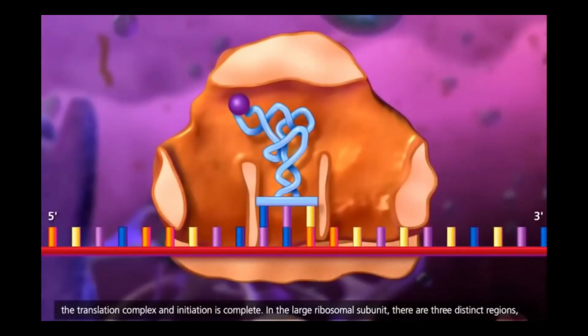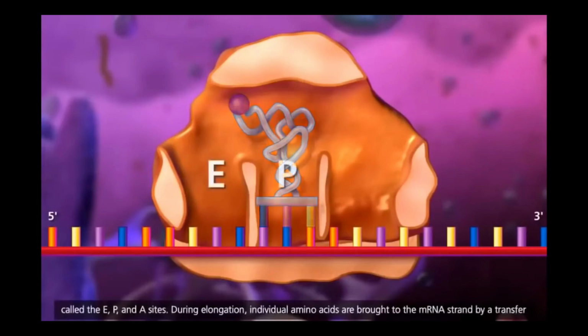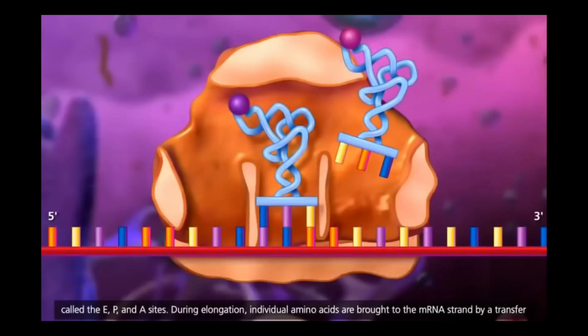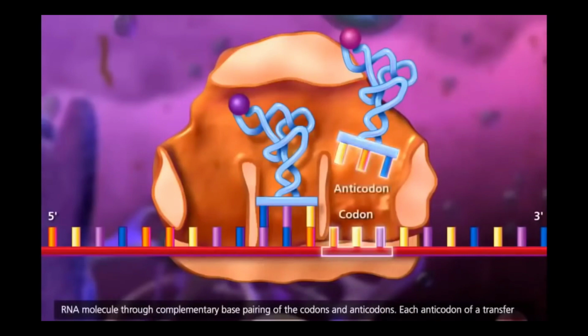In the large ribosomal subunit, there are three distinct regions called the E, P, and A sites. During elongation, individual amino acids are brought to the mRNA strand by a transfer RNA molecule through complementary base pairing of the codons and anticodons.